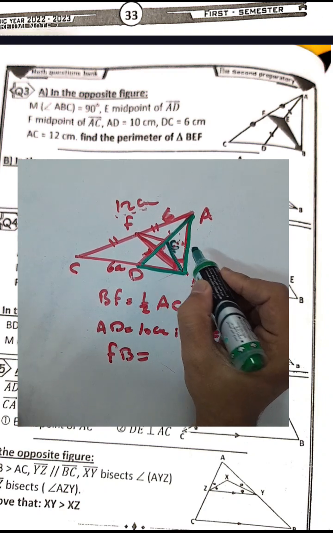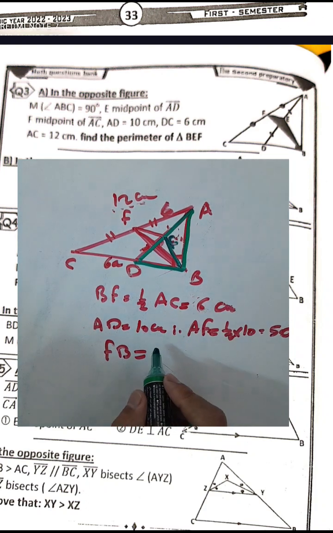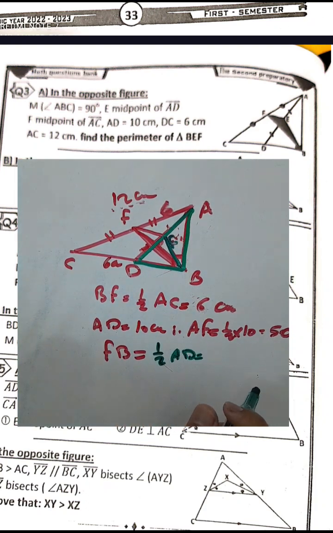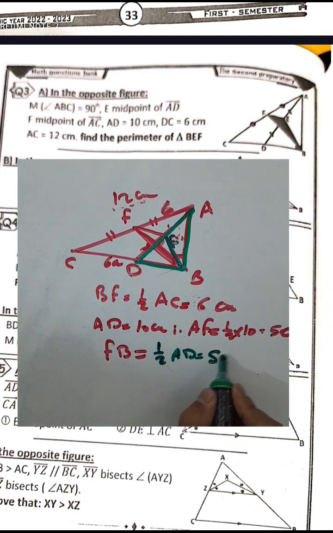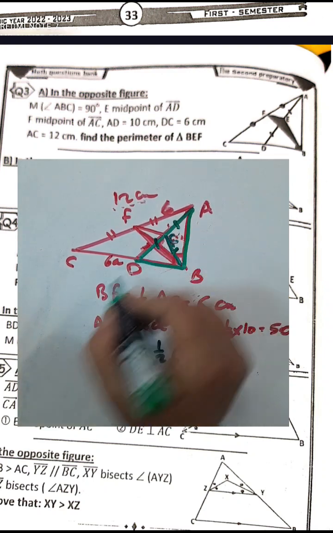Then BF half of AD. AD was 10. Okay, then side length here FB will be 5 centimeter.